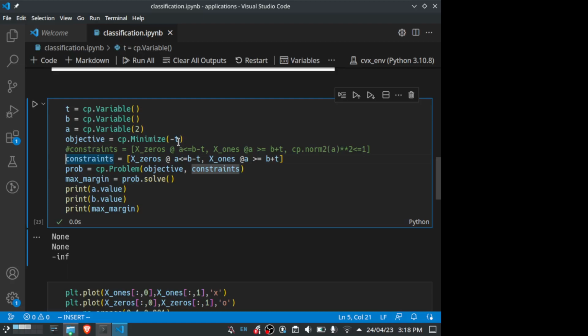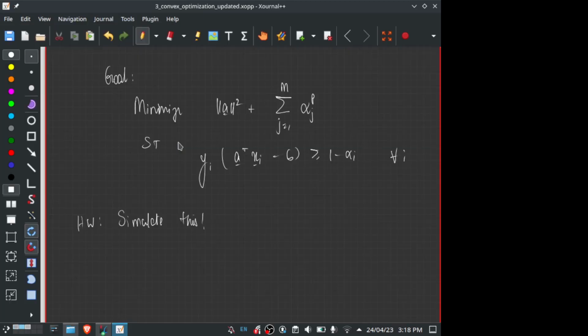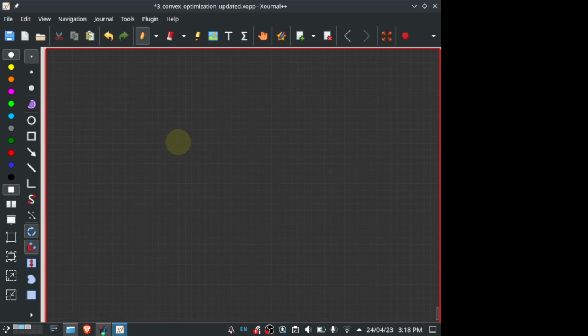Okay, so let's look at another application, which is basically PCA.